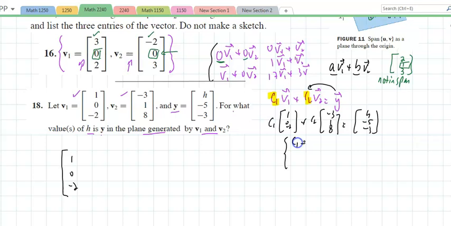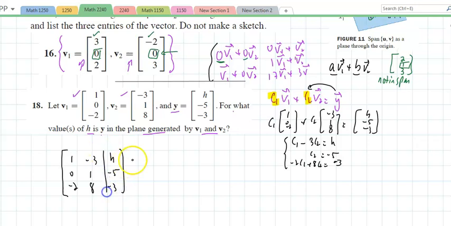So this is saying C1 minus 3C2 equals h, C2 equals negative 5, and negative 2C1 plus 8C2 equals negative 3. You're not required to do any of those. I'm just showing you what those are. And if I go by h, negative 5, negative 3, I'm going to put that line.